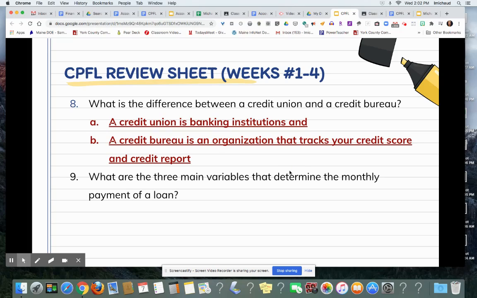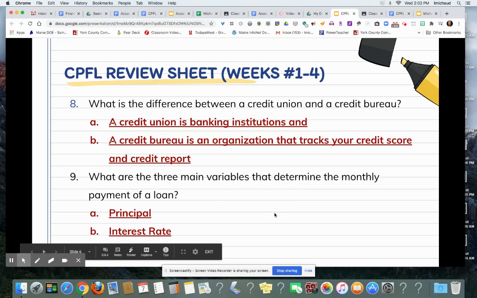Number 9, what are the 3 variables that determine the monthly payment of a loan? So we've done a loan spreadsheet. We've talked about that. So the 3 main variables, if you're going to get a loan for a car, what's going to determine what that monthly payment would be? So the principal, that's how much you borrow. So the cost of the car minus any down payment that you may make. The interest rate at which you get the loan is one of the variables.